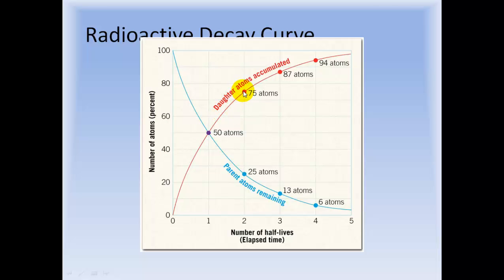At the second half-life, half of that 50%, so 25% more, the daughter atoms are at 75%, and only 25% remains. Then the third half-life goes by, then 12.5% is added to the daughter, and 12.5% is removed from the parent. So we have 87 versus 13 atoms, and so on and so forth.